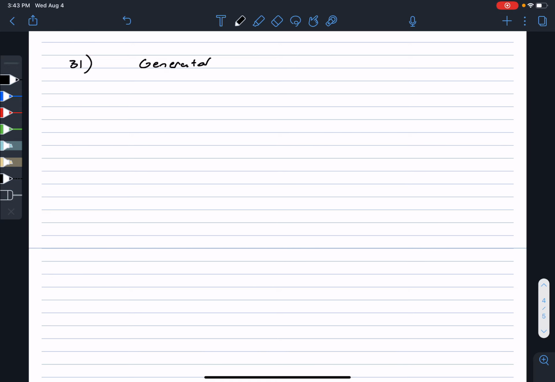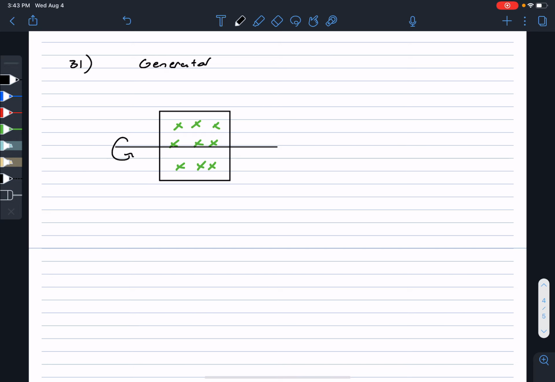And so we're given a situation where we have a B field pointing into the page, and we have this square coil is able to turn within the B field, right? We're told that the side length L is equal to 0.028 meters. The magnetic field is 1.25 Tesla. Number of turns is 28.